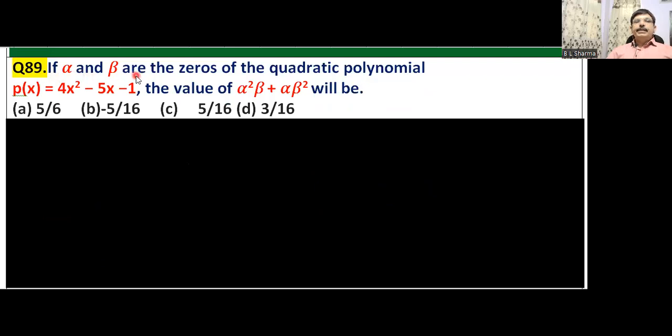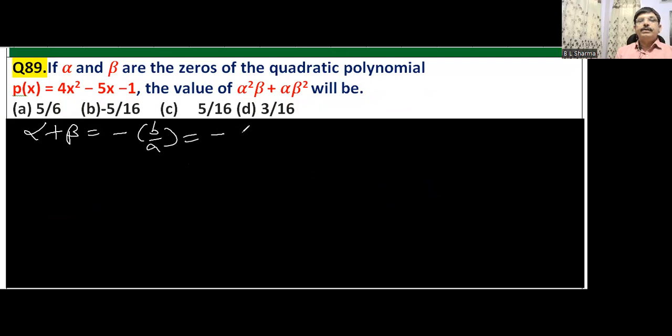If alpha and beta are the zeros of the quadratic polynomial 4x square minus 5x minus 1, then the value of alpha square beta plus alpha beta square will be? We know that sum of the zeros is given by minus b upon a.